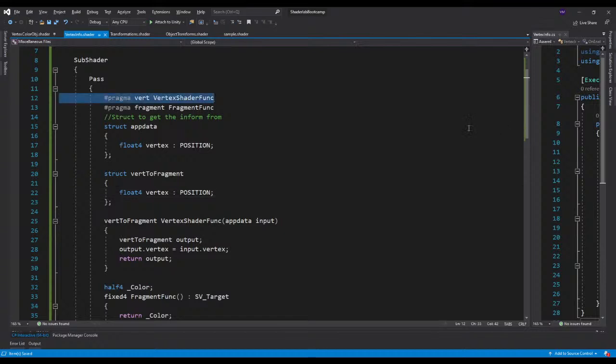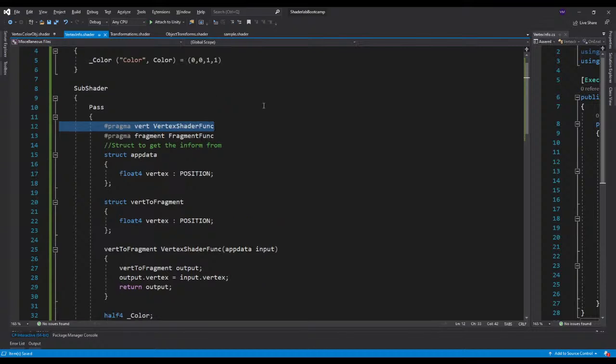Set texture, okay. Wow, that's interesting.